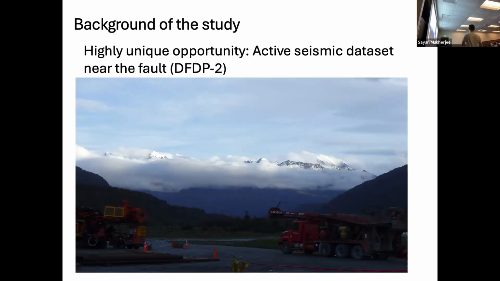We were lucky enough to get involved with this unique opportunity called Deep Fault Drilling Project 2. This photo shows you the study site. You can see the track and the mountains. It's very beautiful there. We collected some active seismic datasets near the fault.